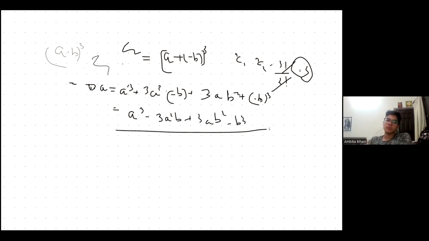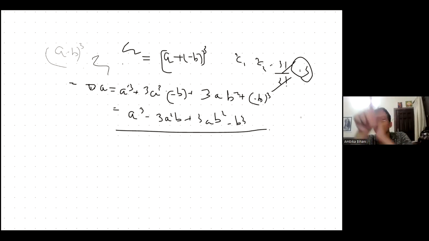What I have observed from this is that if there's an odd power, only the terms which have odd powers of b will be negative. Otherwise, it will be positive.